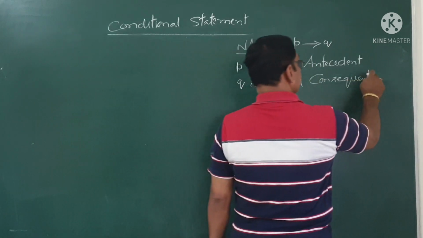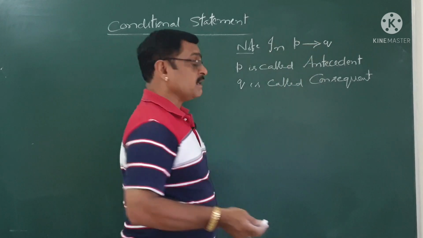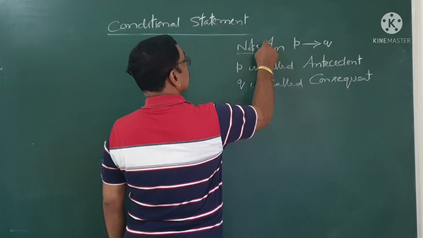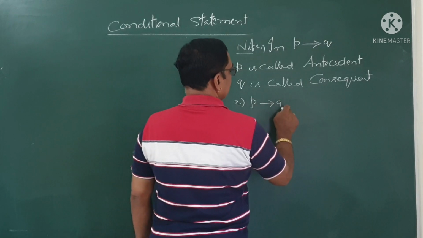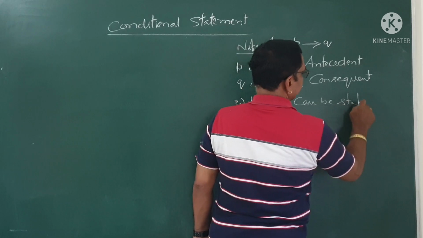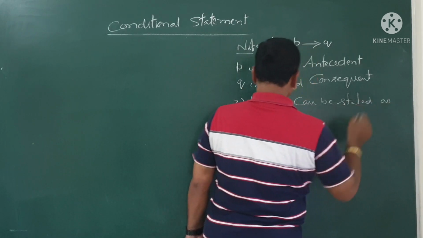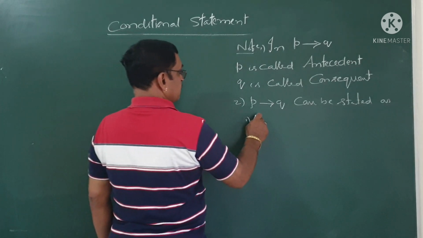Now we have different expressions for P implies Q. P implies Q can be stated as: number one, P implies Q, as you know very well.